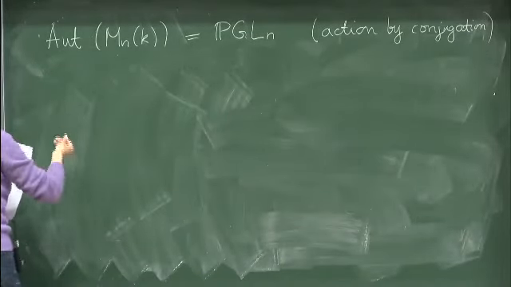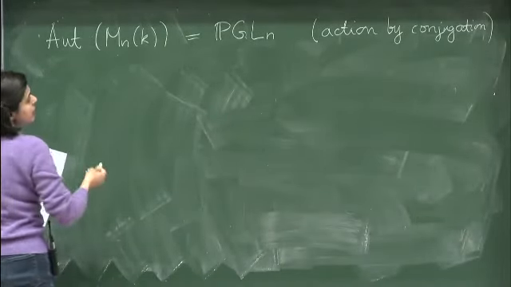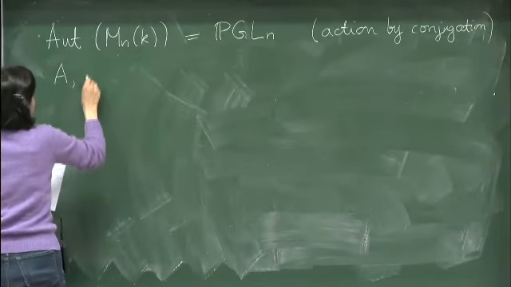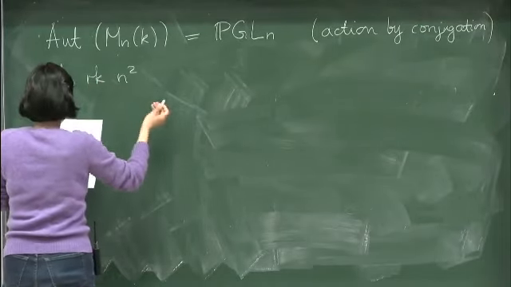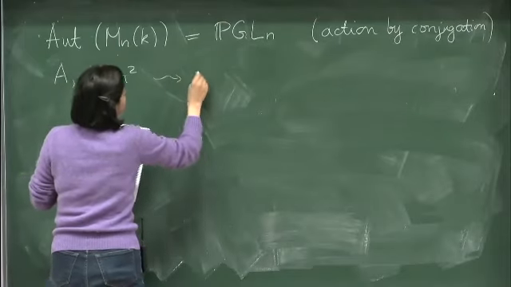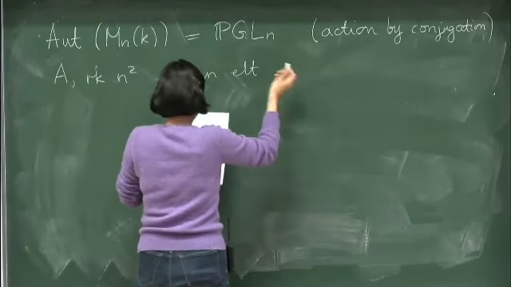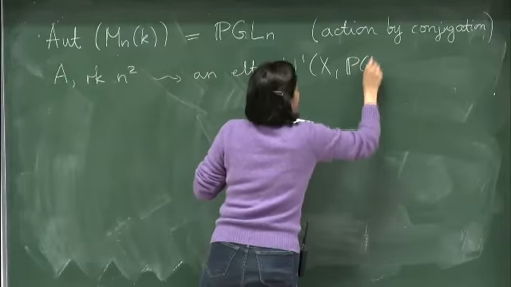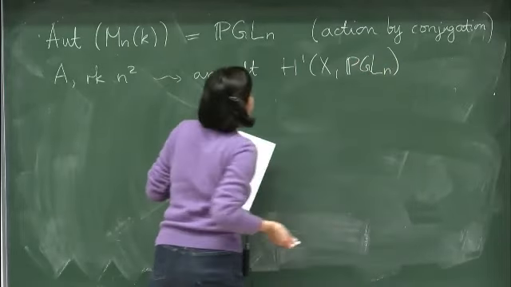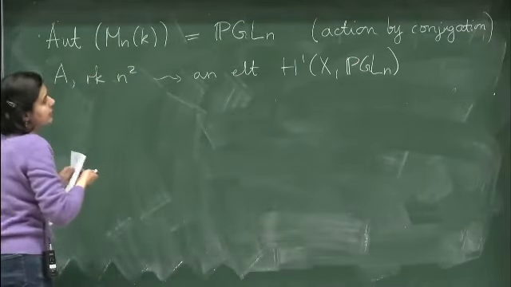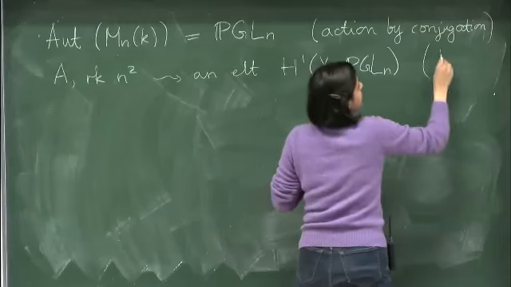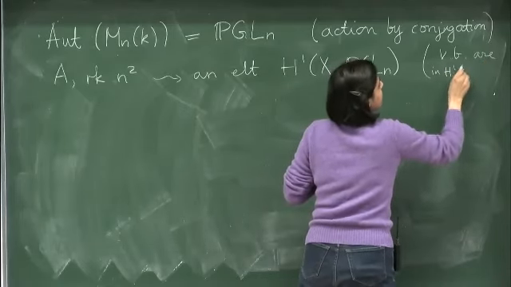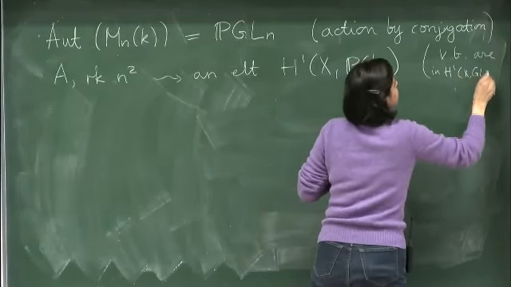So just like vector bundles correspond to elements in H^1 with values in GL_n, an Azumaya algebra, let's say of rank n squared, corresponds to an element of H^1(X, PGL_n). So it's the same in analogy. Recall that vector bundles are in H^1(X, GL_n).